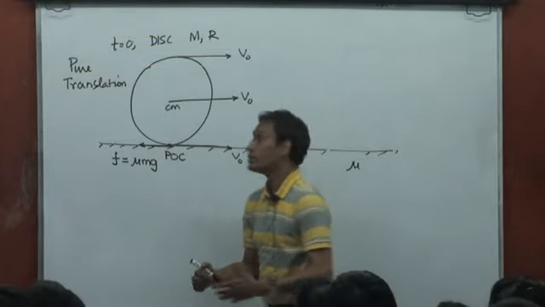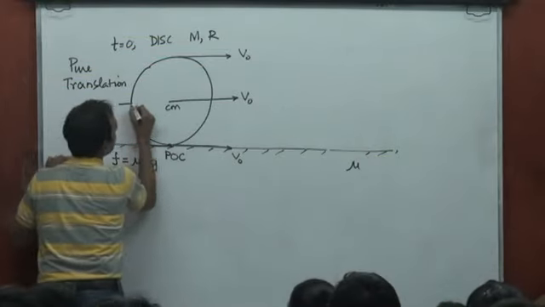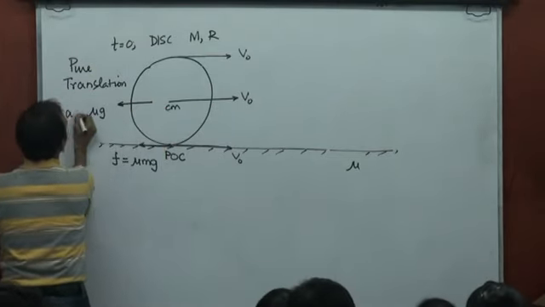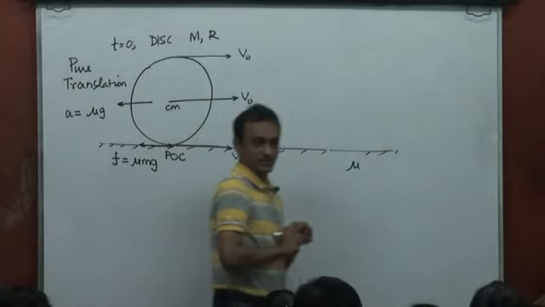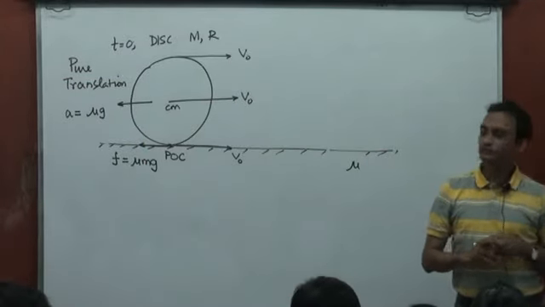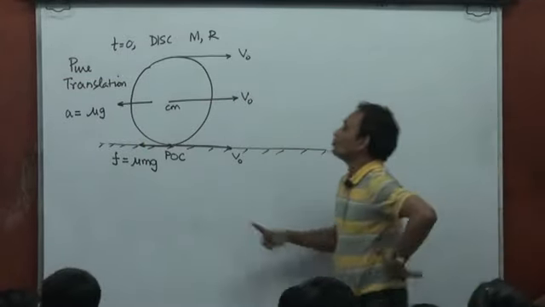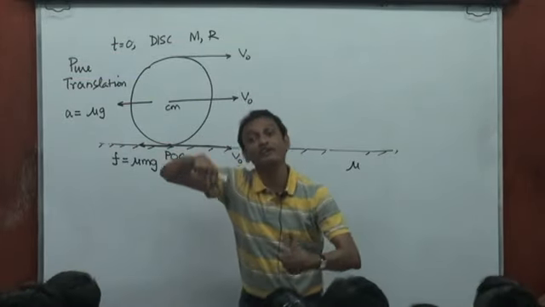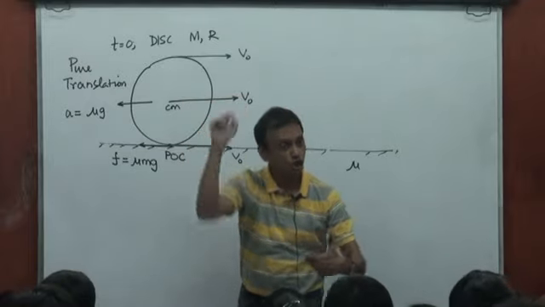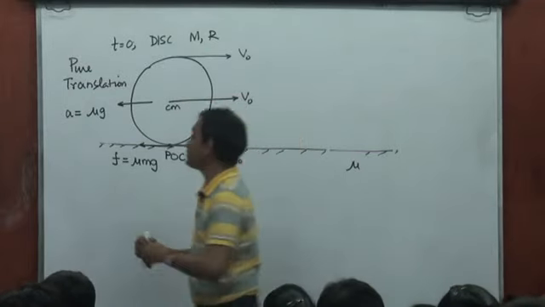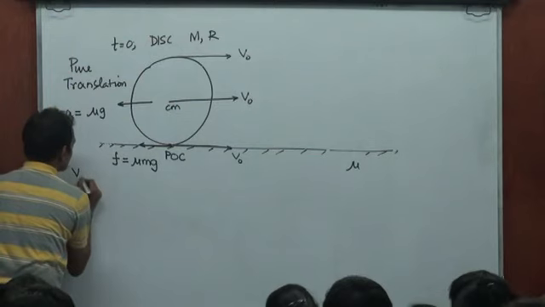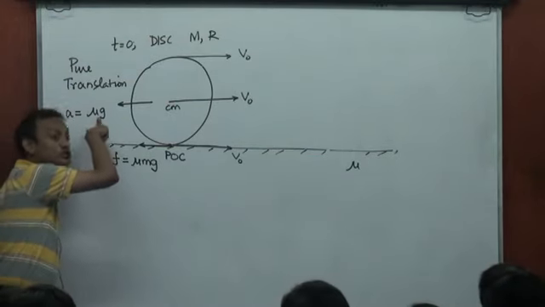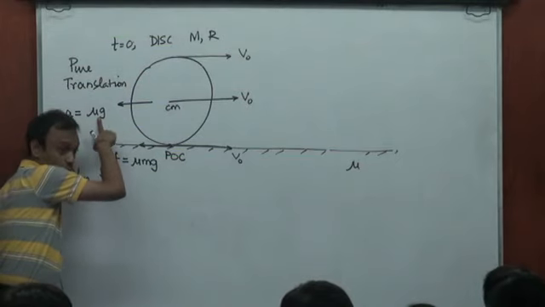This acceleration is in opposition to v0 and therefore it's going to kill v0, yes or no, right? So the velocity of the center of mass will decrease because of this retardation mu g.